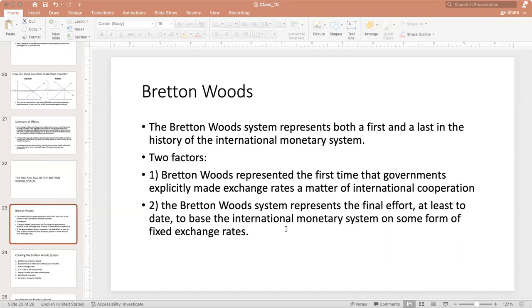Under the Bretton Woods system, participating countries agreed to intervene in the foreign exchange markets to maintain their exchange rates within agreed upon margins. In case of imbalances, countries were expected to adjust their economic policies to restore equilibrium. This commitment to fixed exchange rates aimed to reduce uncertainties, foster confidence, and facilitate international economic cooperation.